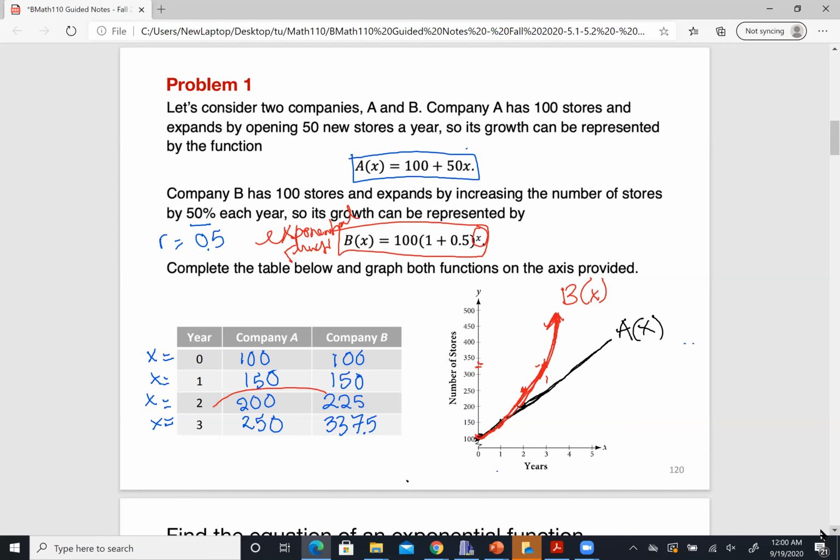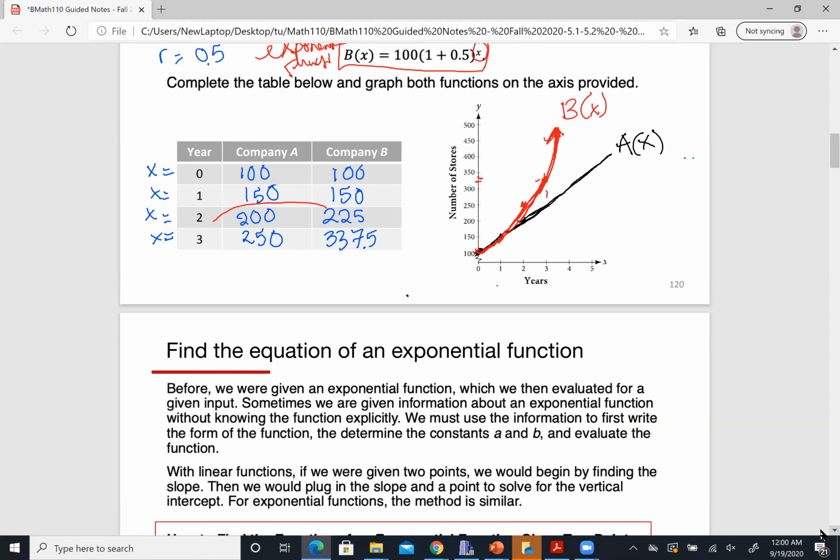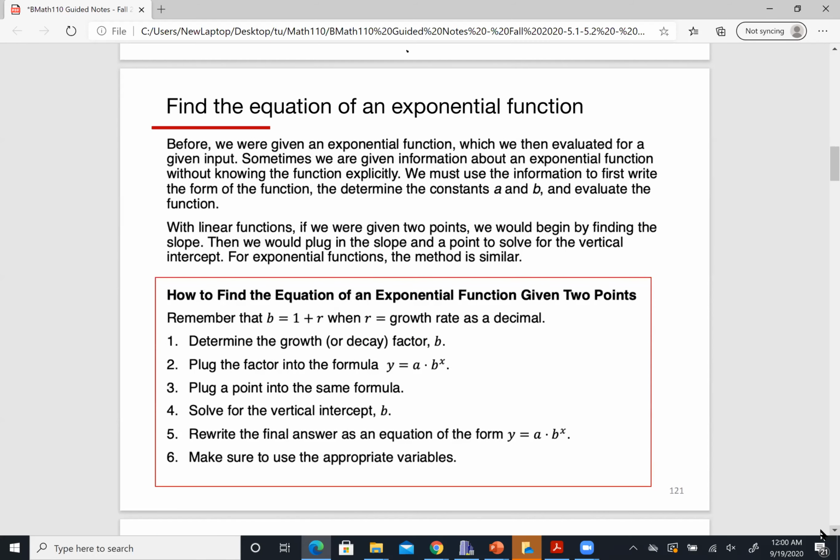Okay, so let's move down. Now we're going to try to find the equation of an exponential function. Before, we were given an exponential function and then evaluated for a given input. Sometimes we are given information about an exponential function without knowing the function explicitly, right?